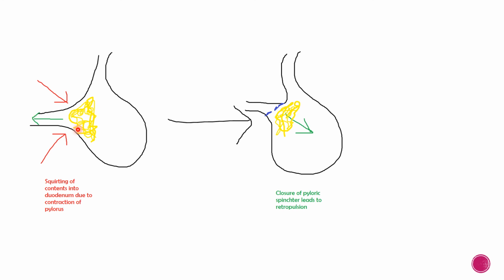Okay, immediately after contraction of this pylorus, there is closure of the pyloric sphincter. See, this blue part is the pyloric sphincter, it closes. So the food contents or bolus which was moving towards the duodenum strike this closed sphincter and turn back. Okay, so this is the antral pump. This is the retropulsion.